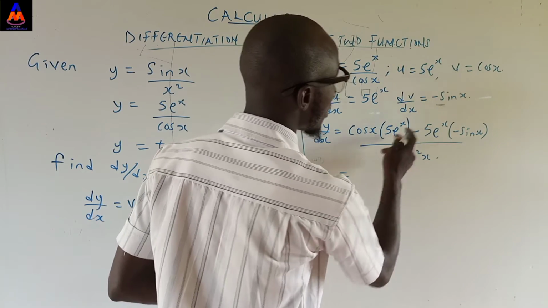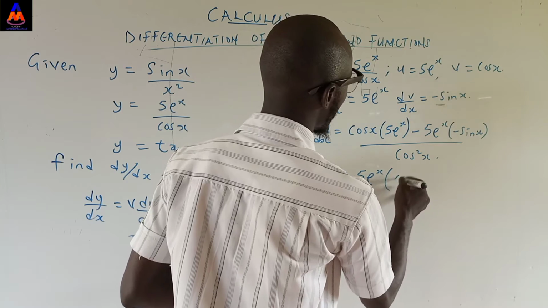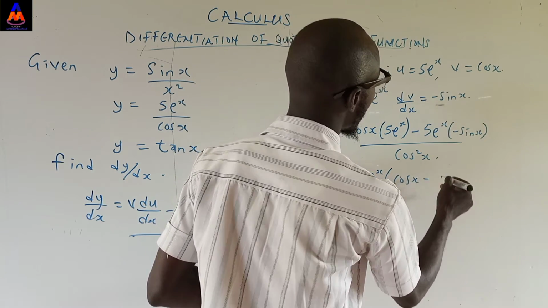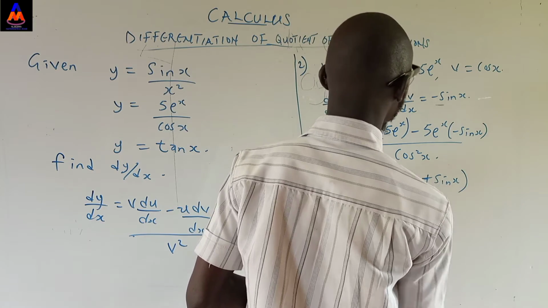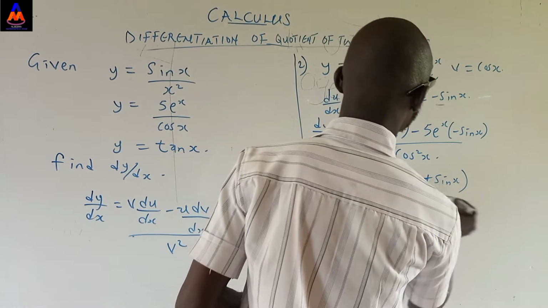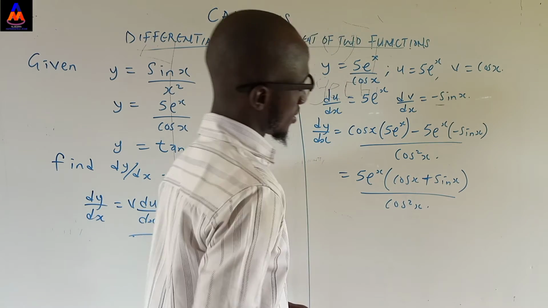So I want to just factorize the numerator. 5 exponential x is common, leaving cos x plus sine x, all over cos squared x.